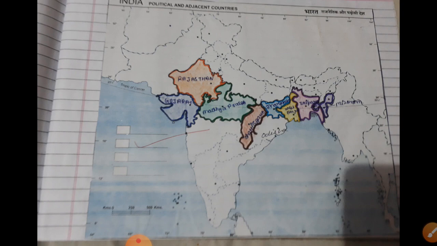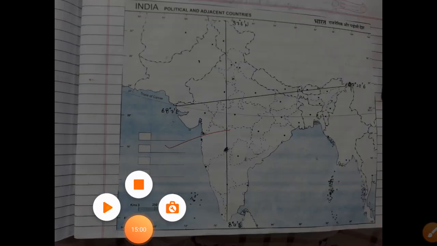Then again it will be reaching 66 and a half degree and then coming back, then what is the position? So these are the conditions. You must be knowing about these lines so that you can know about the position of India, at what time it reaches here, and then how it changes the position, and due to the change in its position, how the seasons change. Okay.